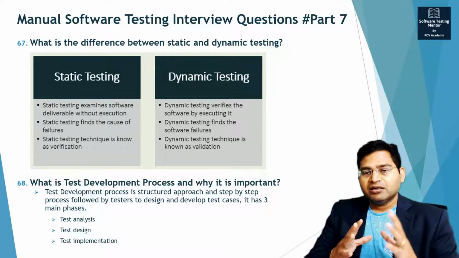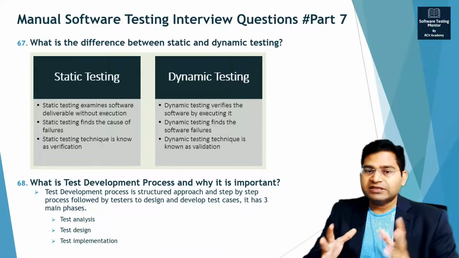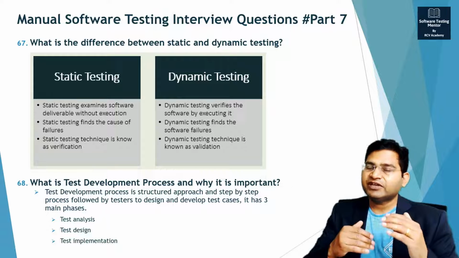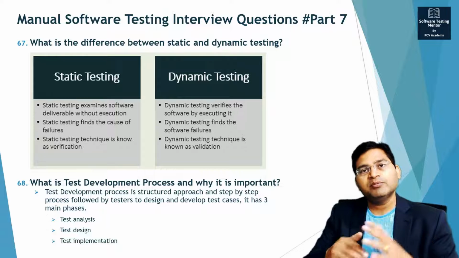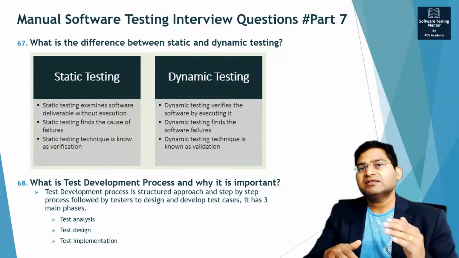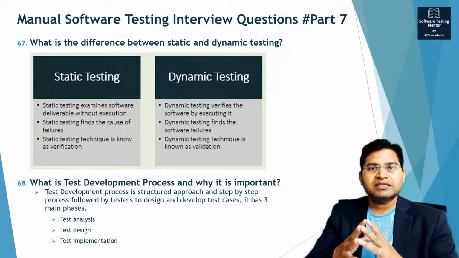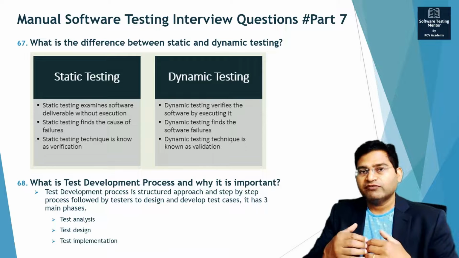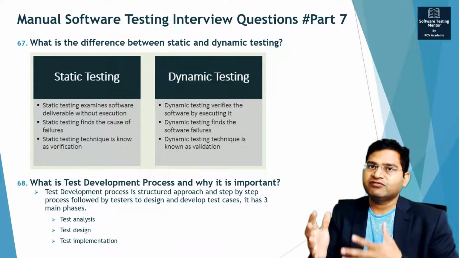Now, what is basically involved in the test development process? The key phases are analysis, design, and implementation. So test analysis, test design, and test implementation. Those are the three important phases involved in the test development process.